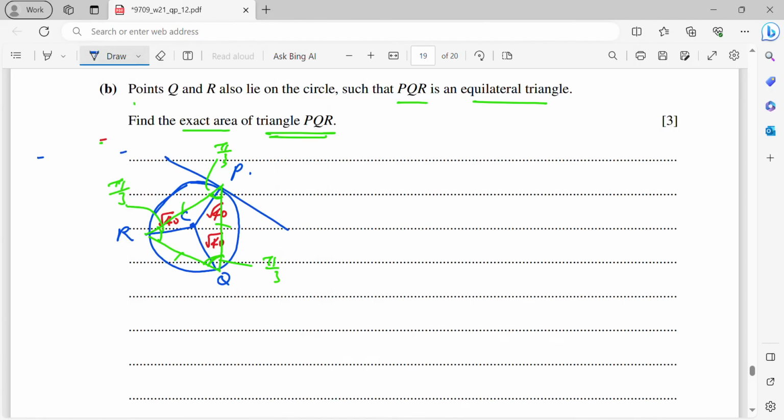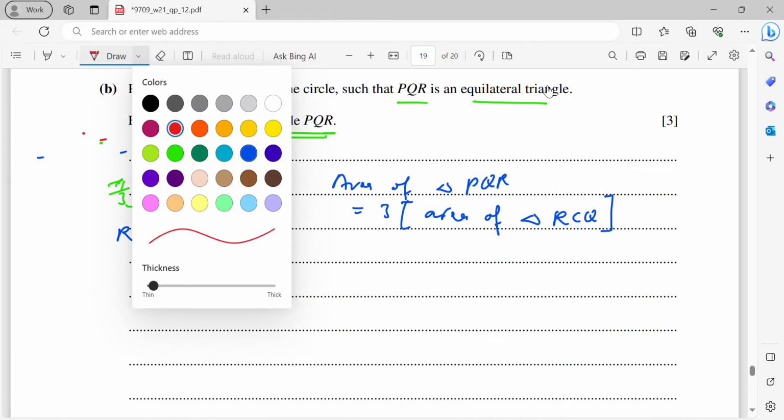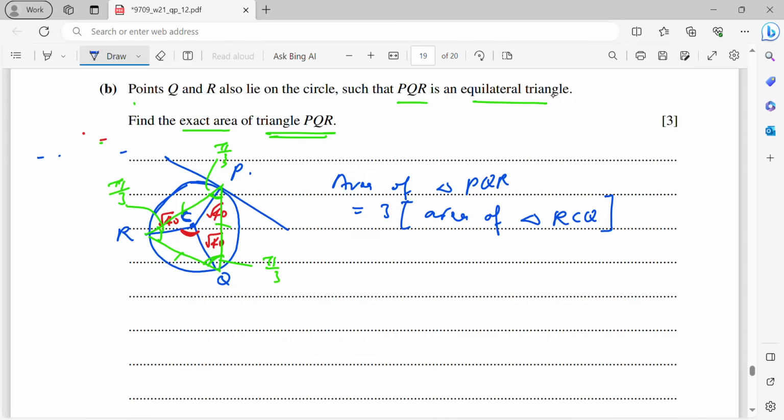Now, area of triangle PQR, I will say that is 3 times area of triangle, this is my C, so RCQ. Okay, so to get the RCQ, I need to know what this angle is. So for your information, the CQ is RC, it is the radius of the circle, which is the same as square root 40.